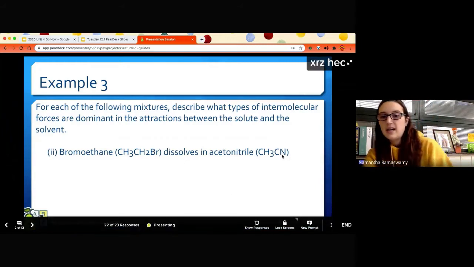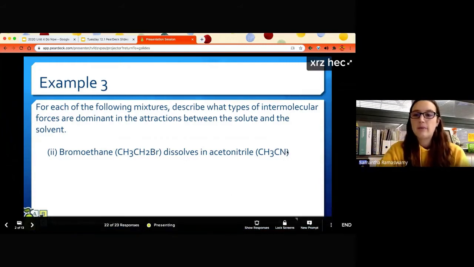So yes, acetonitrile does have the N, but it's bonded to a C, and there is no H covalently bonded to N, O, or F in bromoethane. So you have the Br here. This results in electronegativity difference because C-Br is a polar bond.